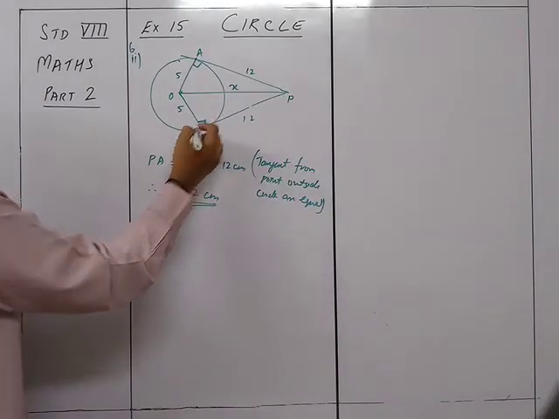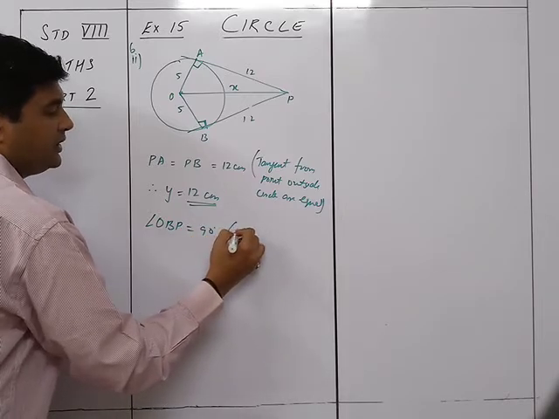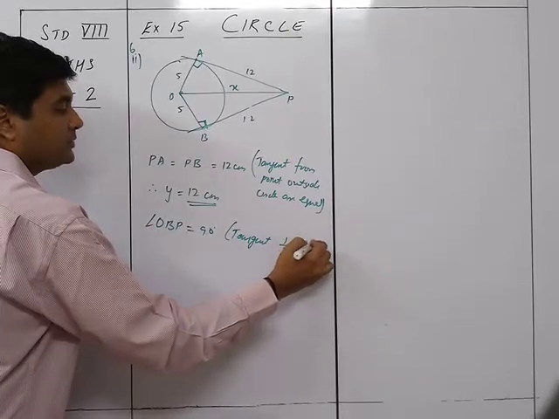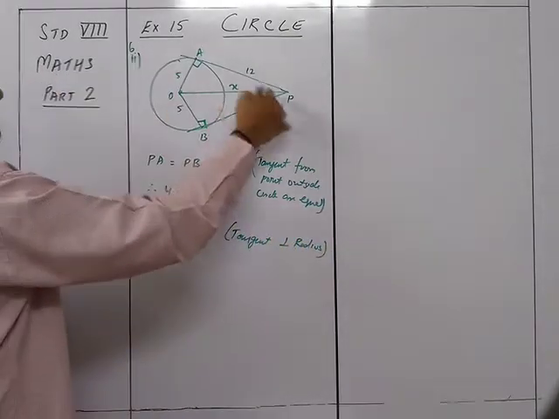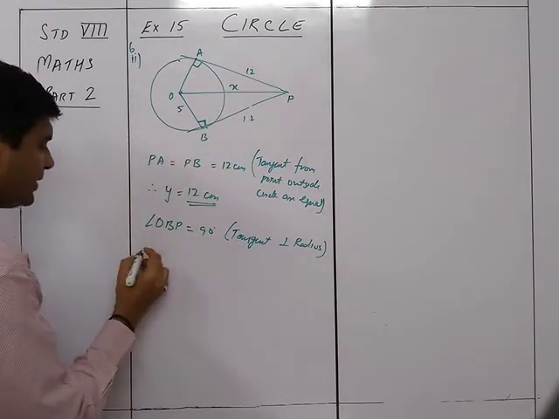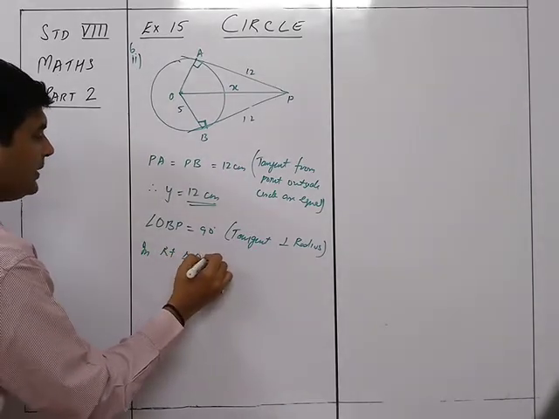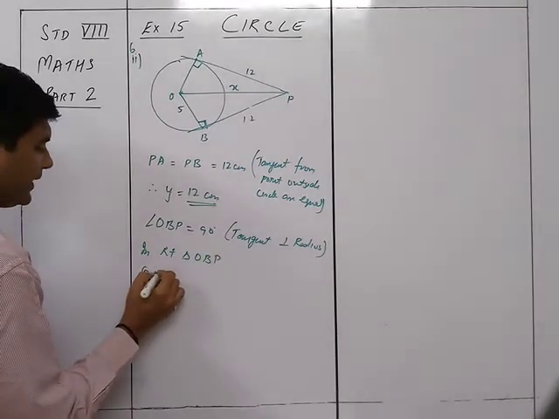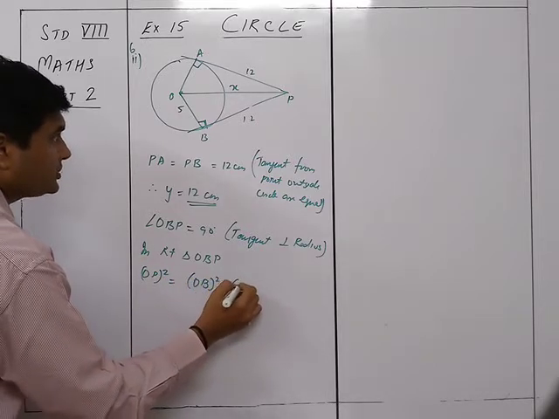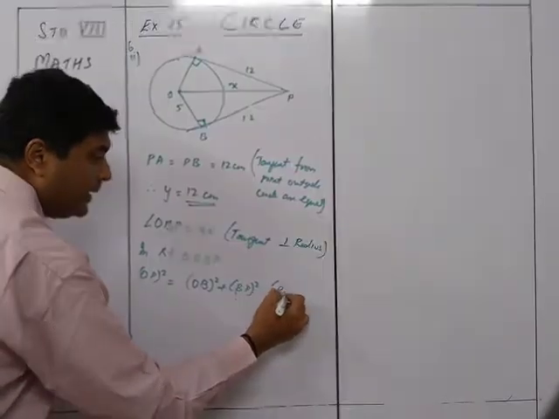Now we know that angle OBP is equal to 90 degrees because tangent is perpendicular to radius. So I can use Pythagoras theorem to find x. In right triangle OBP, OP square is equal to OB square plus BP square, by Pythagoras theorem.